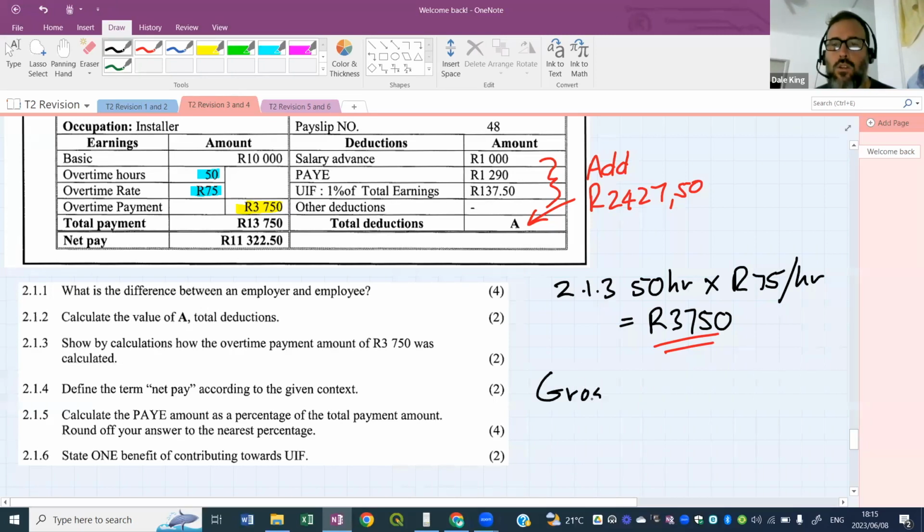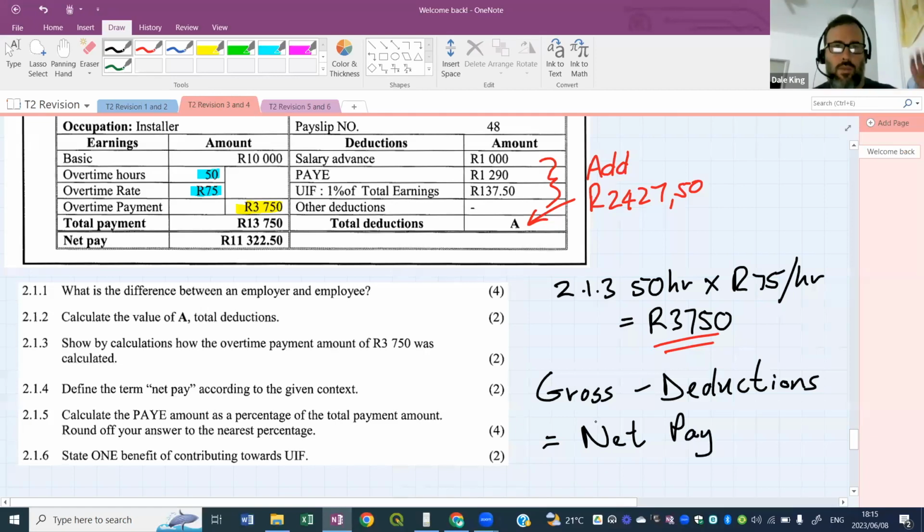Thank you, Emmanuel. So the gross salary is before deductions. You take away deductions, and that'll give you your net pay. Good job. All right. So the gross is what comes in, everything that comes in. So this 13,750 is the gross before deductions. And then we worked out the deductions.